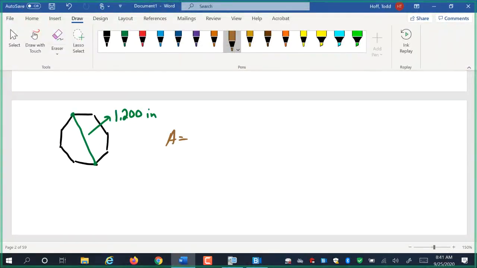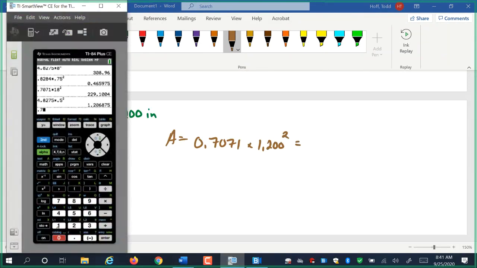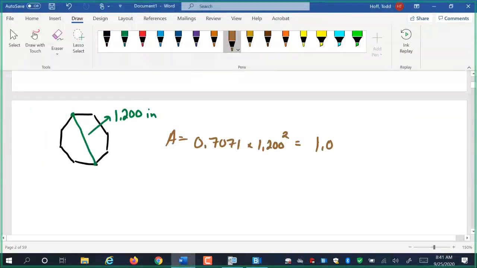So that would be the dimension D. The area, if we have the dimension D, the diagonal, is 0.7071 times D squared, so times 1.2 inches squared, giving us 1.018 square inches.